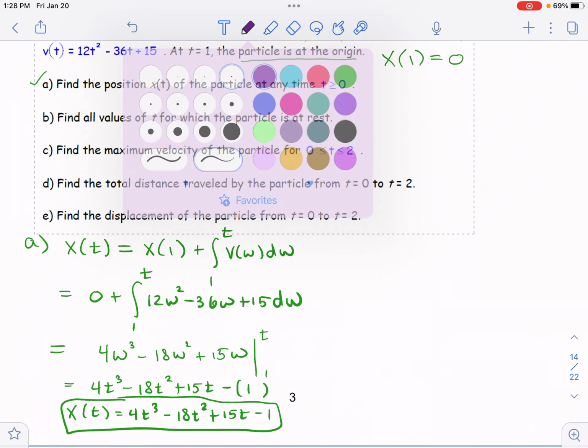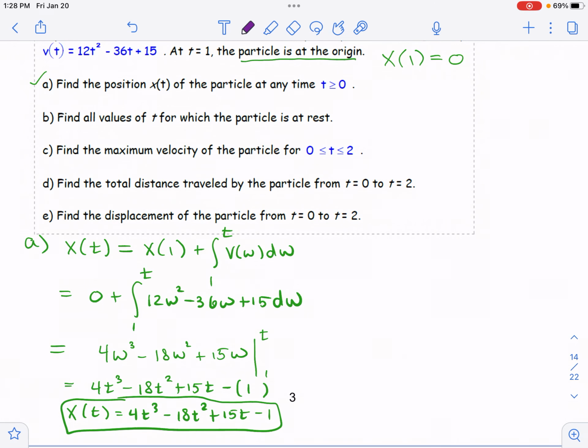Question 2. Find all values of t for which the particle is at rest. So again, at rest means your velocity is 0. We have our velocity function up there, so I'm going to set it equal to 0.